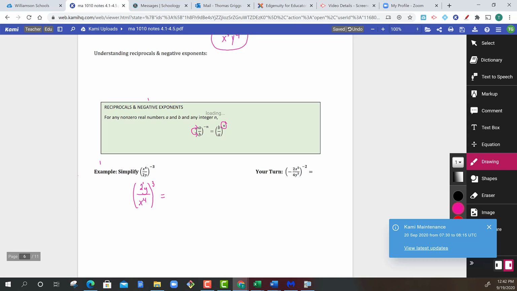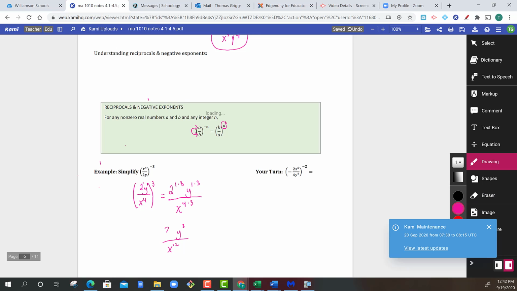And then we recognize, okay, we're raising a power to a power. So it's 2 to the 1st times the 3rd. It's y to the 1st times the 3rd. And it's x to the 4th times the 3rd. And then we can simplify this to 2 to the 3rd, y to the 3rd over x to the 12th. Or we can write that 2 as an 8.